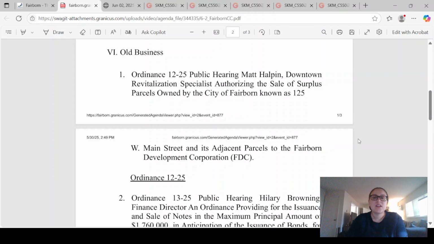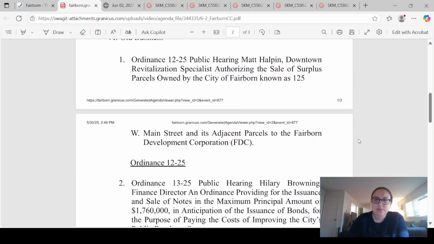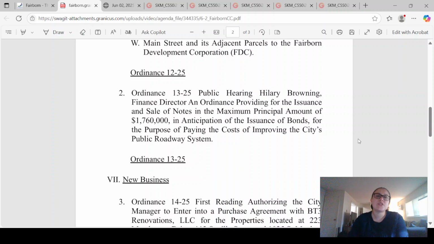So the 2 old businesses that were talked about on June 2nd, 2025, were the sale of parcels to FTC, which is the Fairborn Development Corporation, and the issuance of bonds in anticipation, or providing for the allowance of issuance and sale of notes for anticipation of issuance of bonds for the city's roadway system, specifically Spangler.